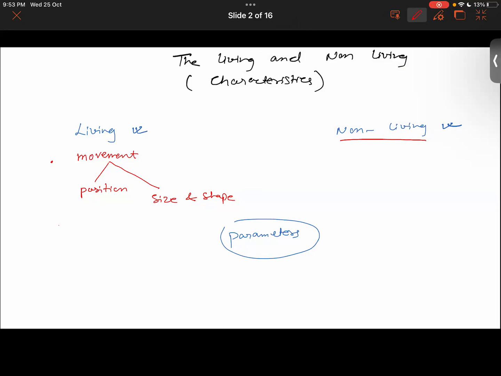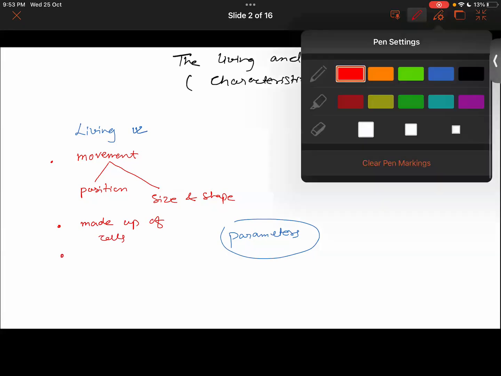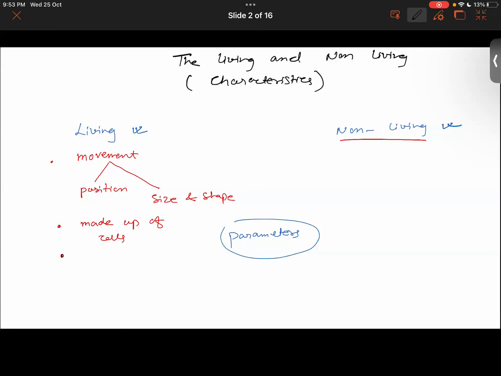फिर हम बात करते हैं कि जितनी भी living organisms हैं, they are made up of cells. They are made up of cells, right? And also the majority of the living organisms that you get to see will give birth to their own kind.